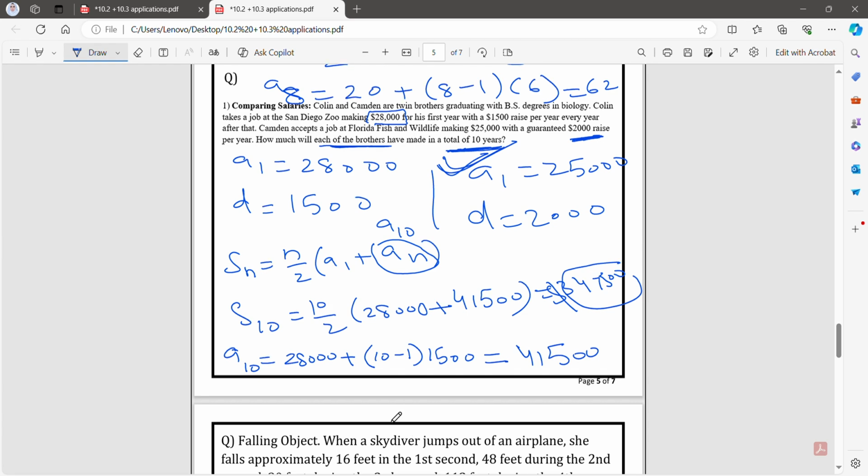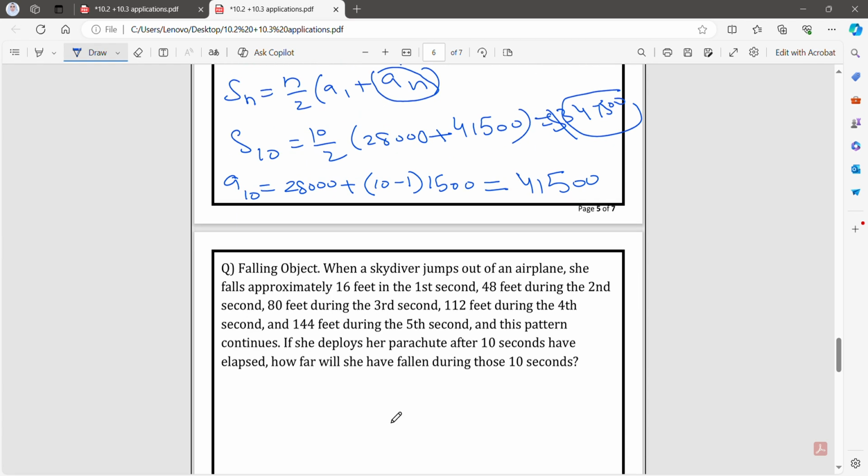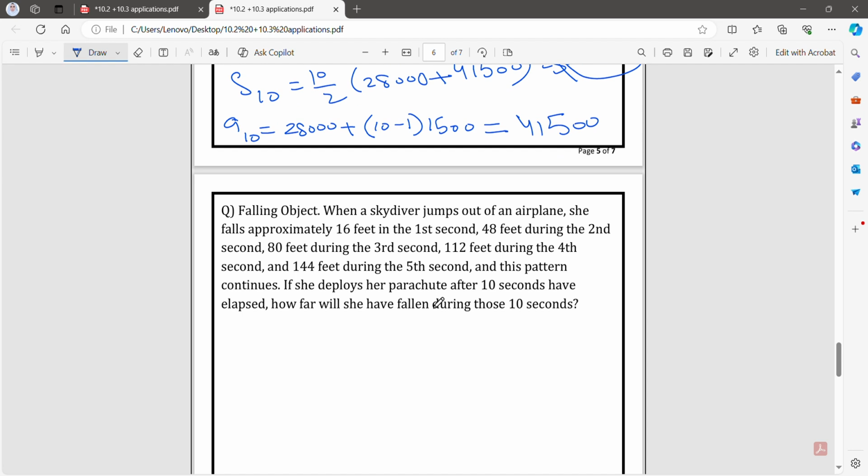Now if I go to the third question, try by yourself. It's also an arithmetic sequence. Let me just write the sequence for you. Here we have a falling object, and they give you the height according to the time.